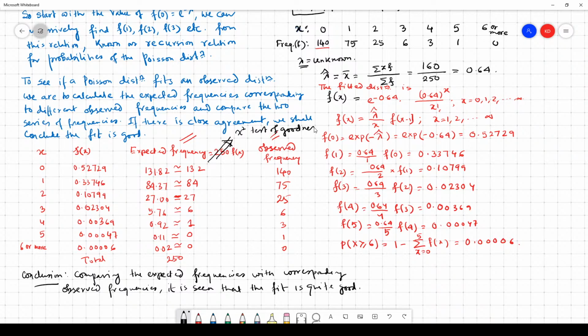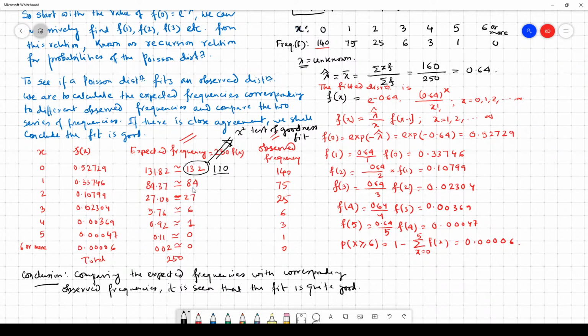Otherwise, this is the basis of observation. You can just tell this fitting is good or bad. But see that 132 is close to 140. But if instead of 132, there is 110, then it should not be as good as 132.